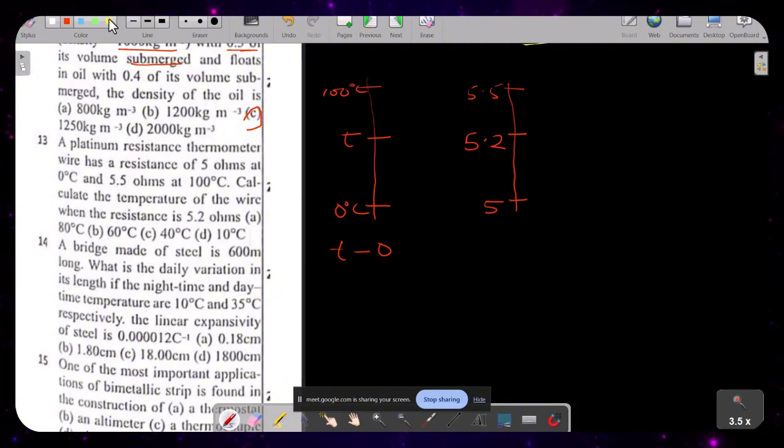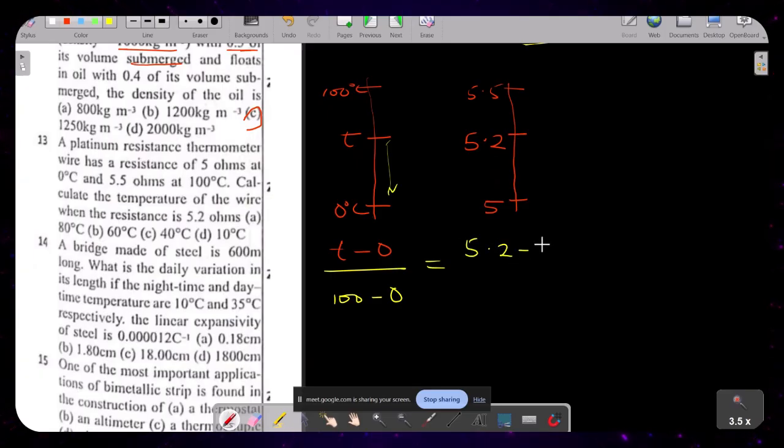I started from here first, so I say T minus 0 all over 100 minus 0, which is the same as 5.2 minus 5 all over 5.5 minus 5.